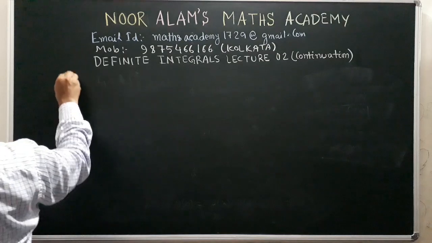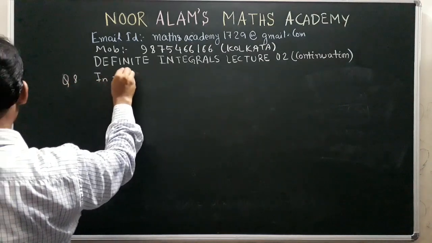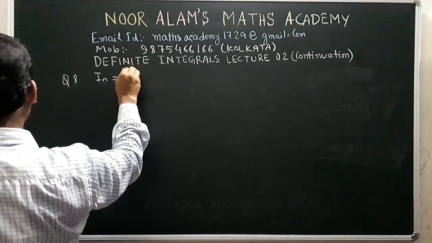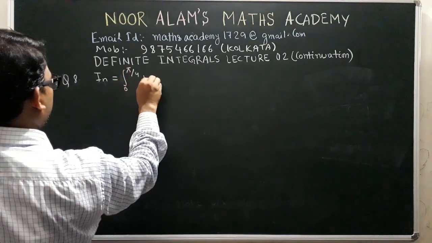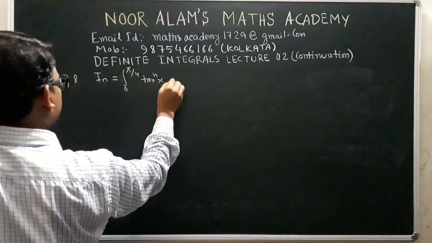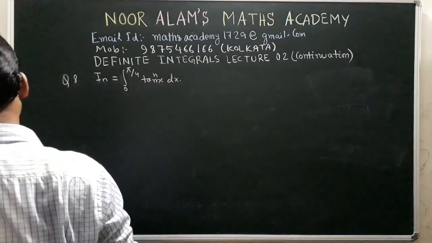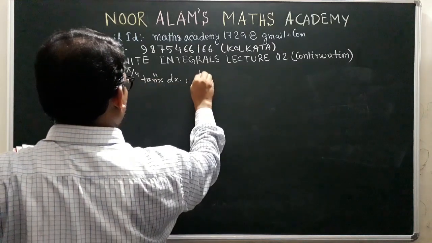Question number 8: In is equal to the integral from 0 to pi by 4 of tan to the power n x dx.